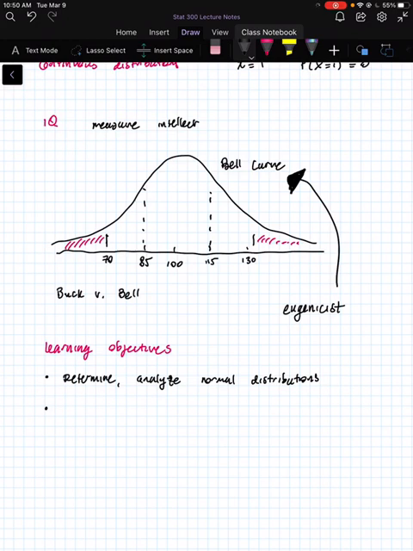With this, and with a few other associated distributions as well, we're also going to determine and analyze sampling distributions.